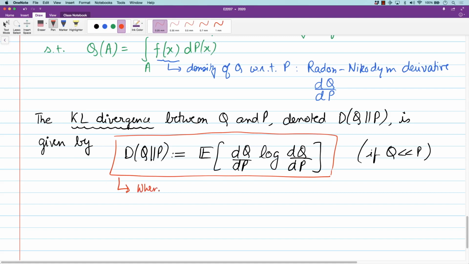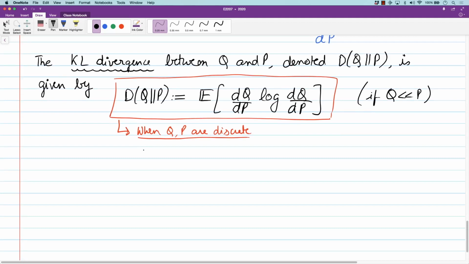When Q and P are discrete. In this case, the simple formula we have is d_KL(Q, P), some of you may have already seen it, equal to the summation over x of q(x) log q(x) by p(x).